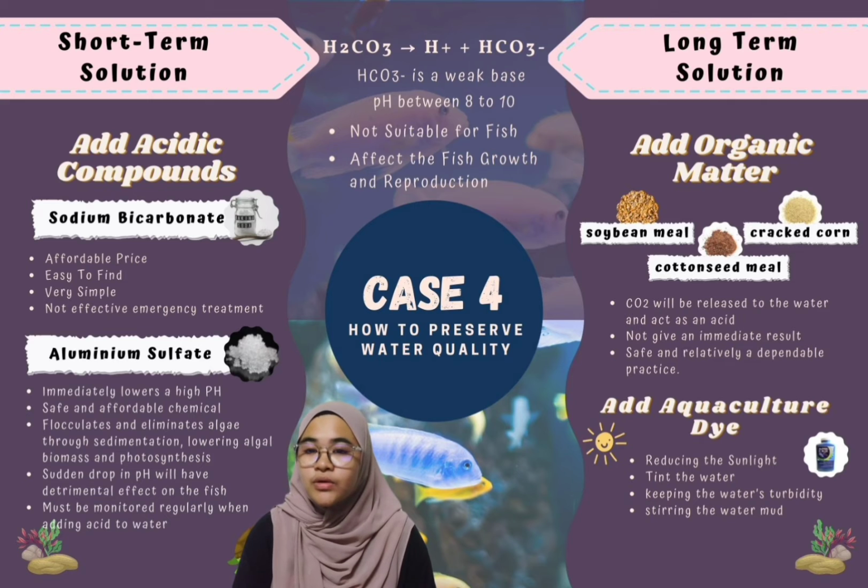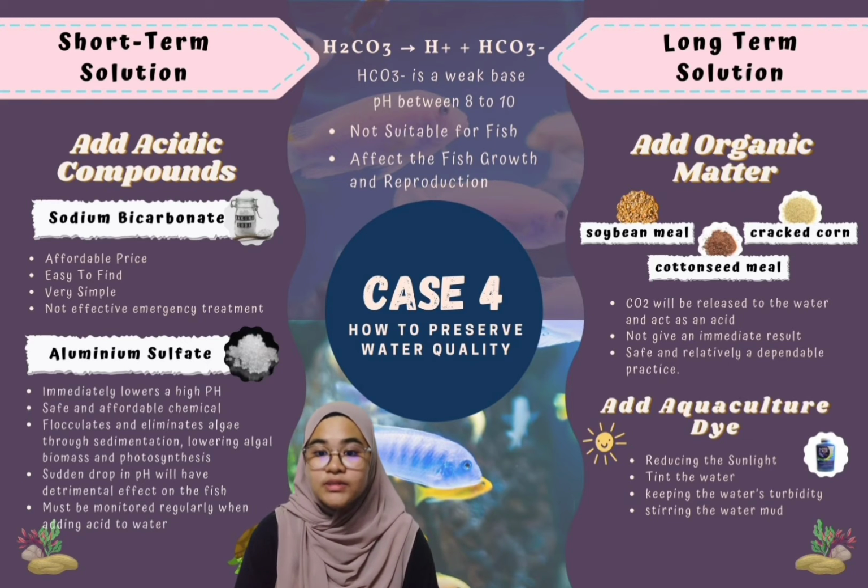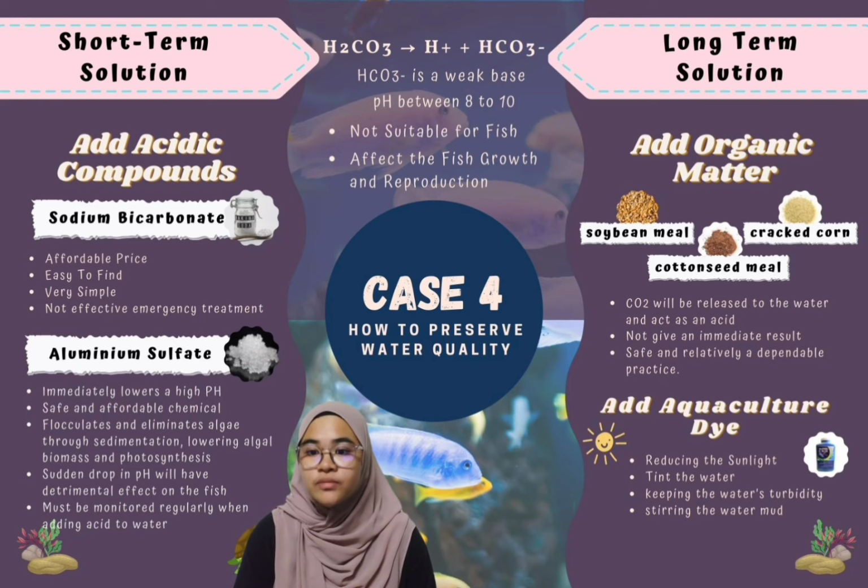Alum not only lowers the pH, but it also eliminates the algae through sedimentation, lowering algal biomass and photosynthesis. Alum can also aid to lower pH by eliminating phosphorus, which is a vital ingredient for plant growth.